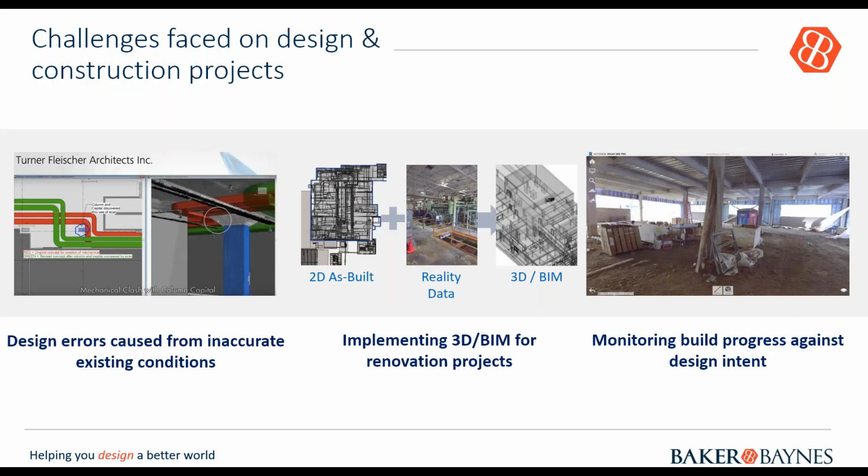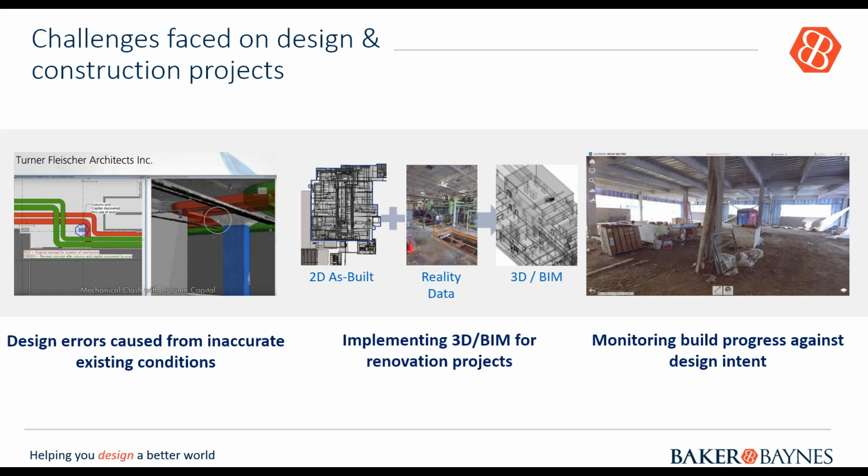The little list there that you see on the left is some of the uses. Some of the challenges that I've faced on construction projects that have allowed us to implement the solution of 3D scanning are design errors caused by inaccurate existing conditions. When you capture those existing conditions on site and try to transfer that information back into your software, there is human error.